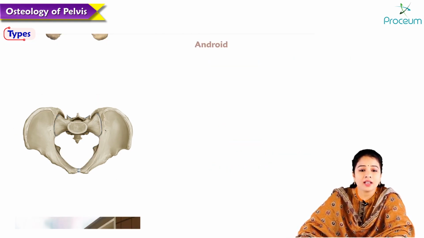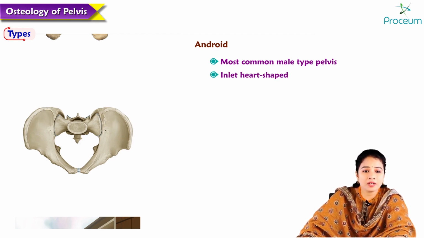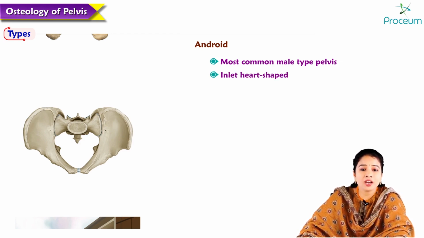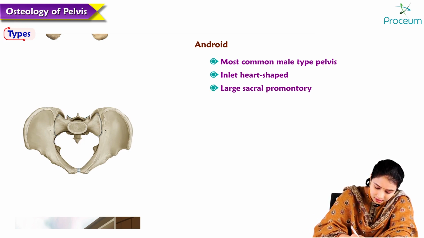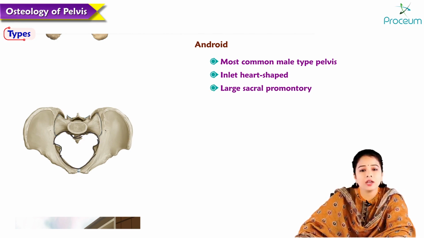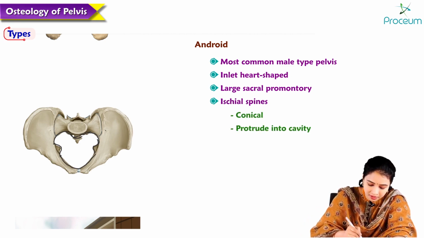The next variety is the android pelvis. Android pelvis is most common in males. It is called the male-type pelvis, and the inlet of the pelvis, if you see, appears heart shaped, with a large sacral promontory. So we can see here it is heart-like with a large sacral promontory, and also the ischial spines are conical and protrude into the cavity.